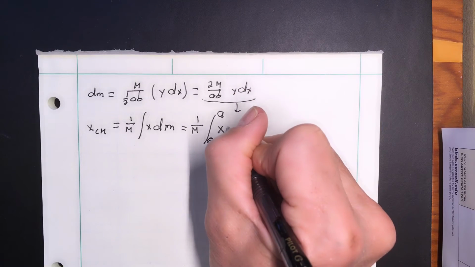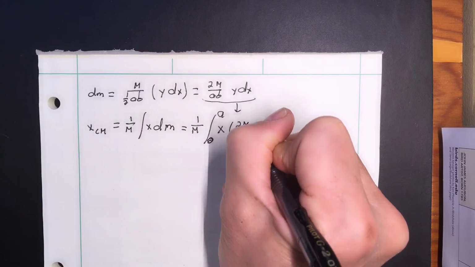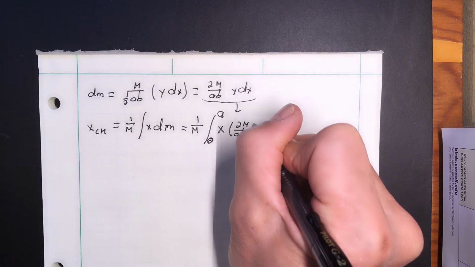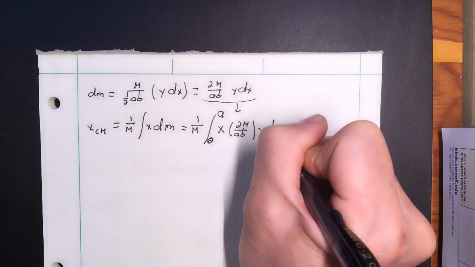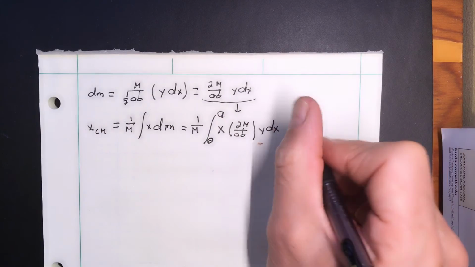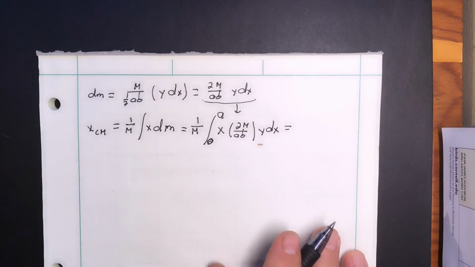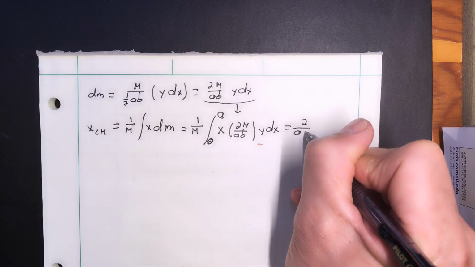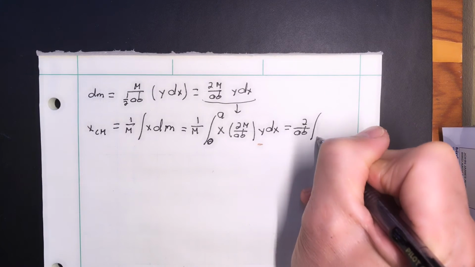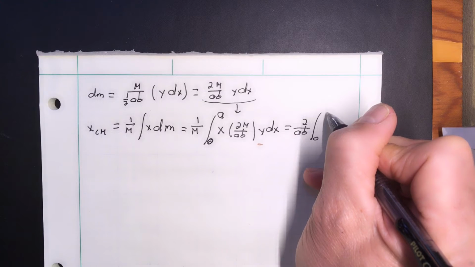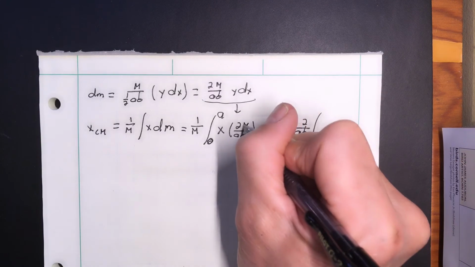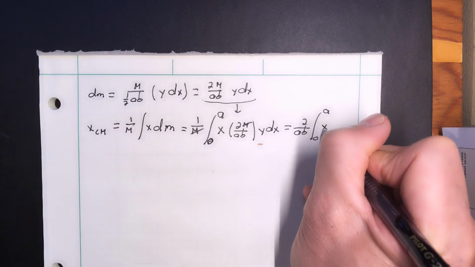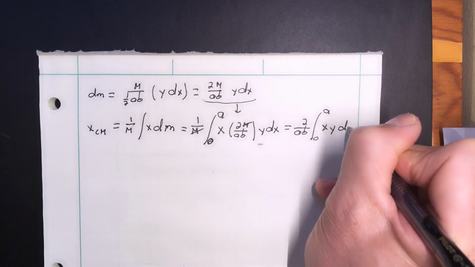So that's 2m over ab y dx. And work that a little bit, take out the constants. 2 over ab is the integral from 0 to a. Oh, the m's go out, by the way. 0 to a of x, y, dx.